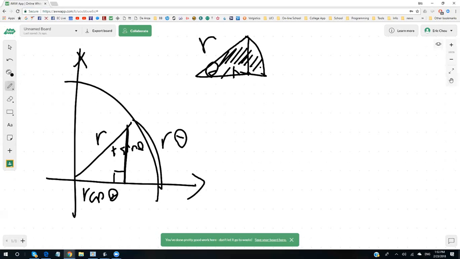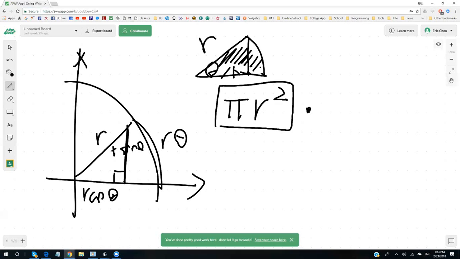Okay, the whole circle is pi r squared. And then what's the ratio of this sector with the whole circle? The sector over pi r squared. I mean the ratio of this sector over the whole circle.